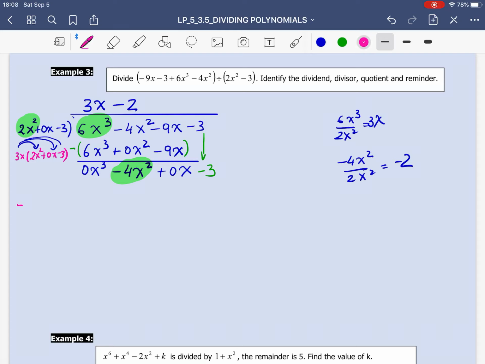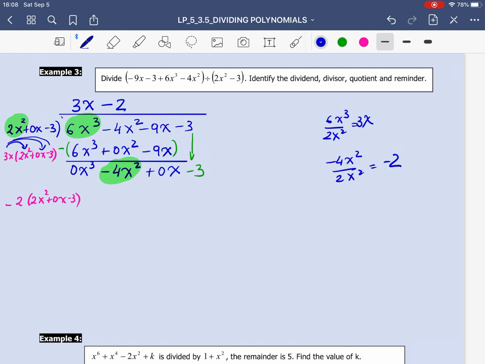And here we go again. We go negative 2 multiplying 2x squared plus 0x minus 3. And we have negative 2 times 2x squared, negative 4x squared. Negative 2 times 0x is plus or minus 0x. Okay, it doesn't really matter. Negative 2 times negative 3 is positive 6.